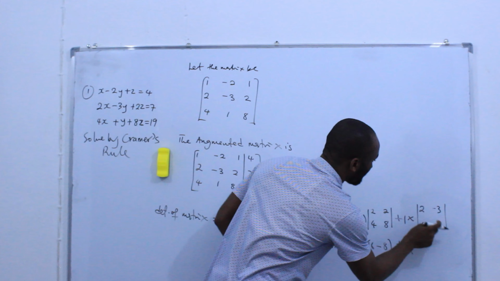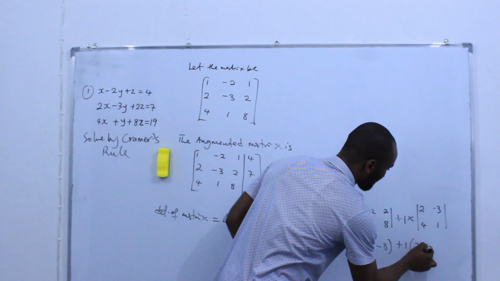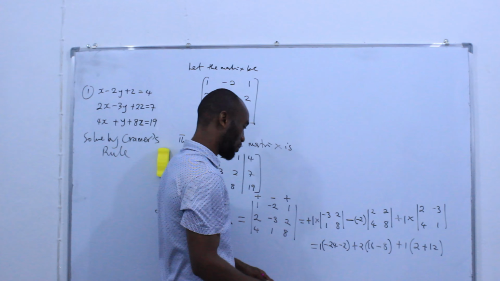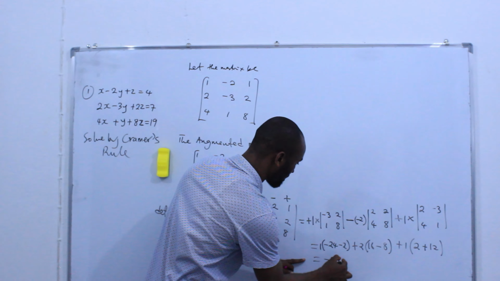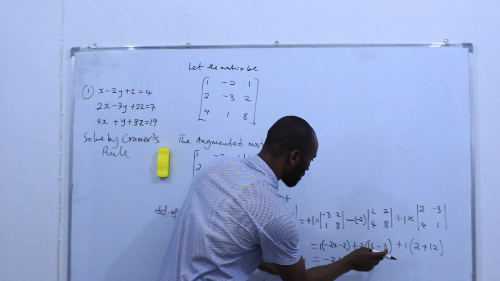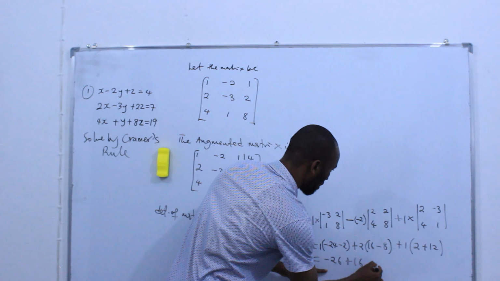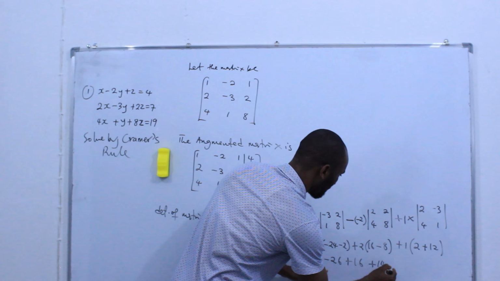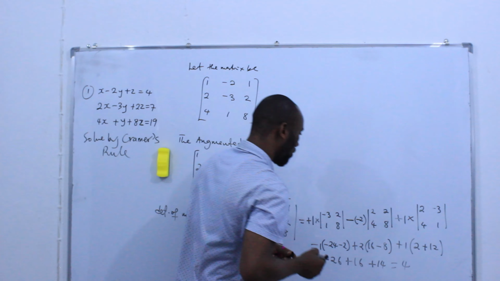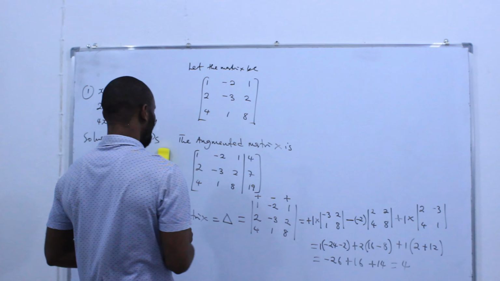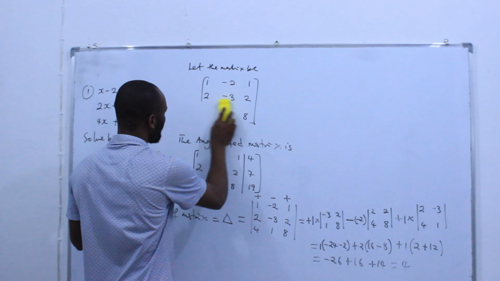Plus 1, bracket 2 minus 3, which is plus 12 because minus is plus. So we have minus 26 plus 8 times 2, which is 16, plus 14. Okay, so this is 30, and that is 4. So the determinant of the matrix is 4.